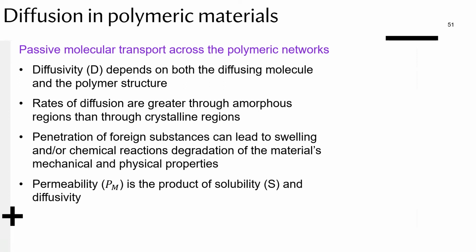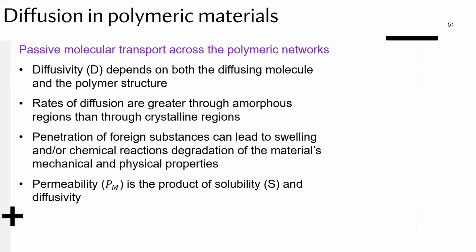Diffusion is basically the passive transport of molecules across a wall, a certain solid interface. It could also be a liquid interface or even a gas interface. But basically, it's the transport of molecules that happens passively, rather than with a flow and active perfusion.